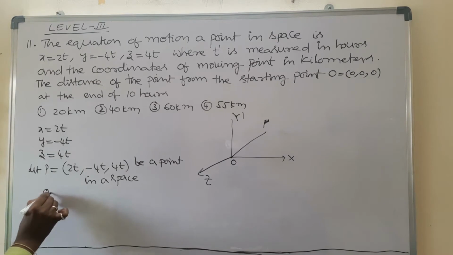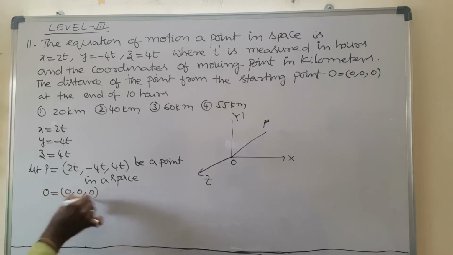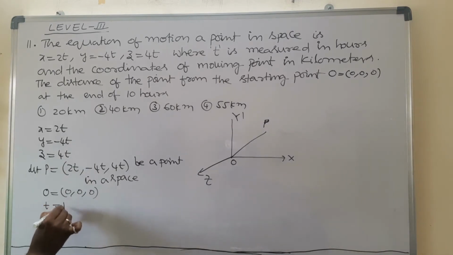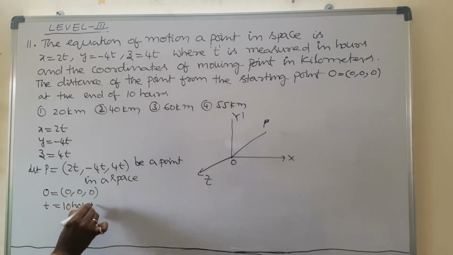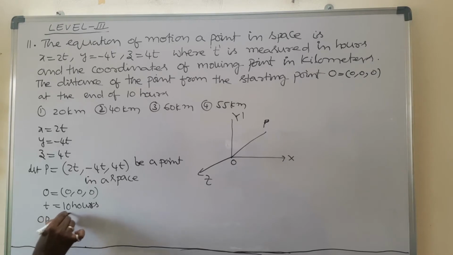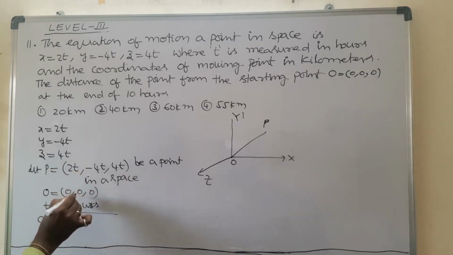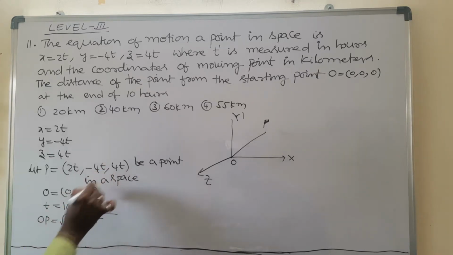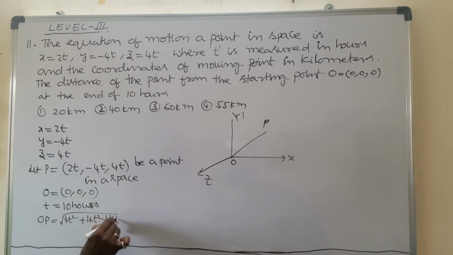O equals 0, 0, 0. Here time t is given as 10 hours. To find the distance between O and P: square root of (2t minus 0) whole square, 4t square, plus (minus 4t minus 0) whole square, 16t square, plus (4t minus 0) whole square, 16t square. 16 plus 16 is 32, 32 plus 4 is 36t square.